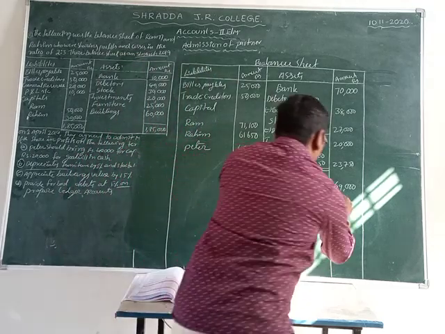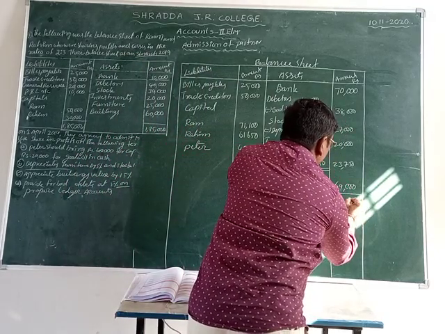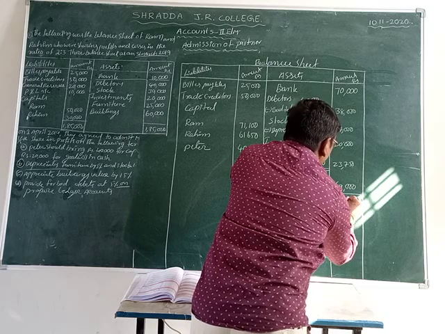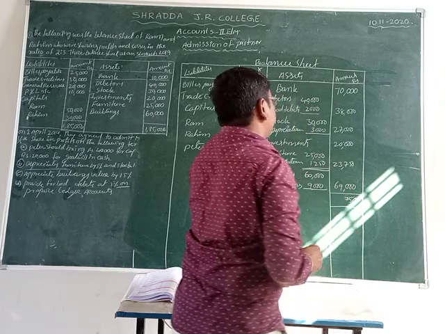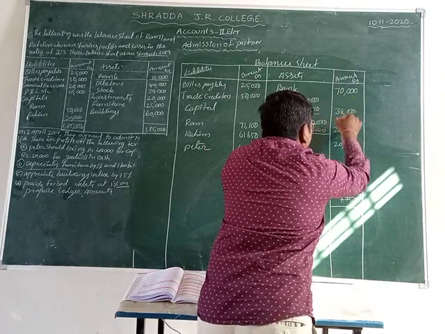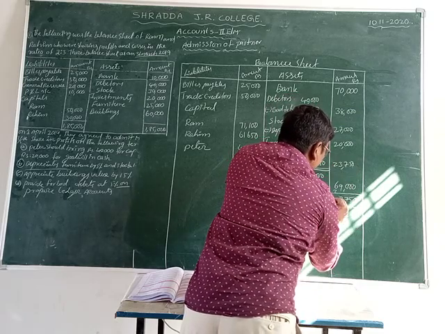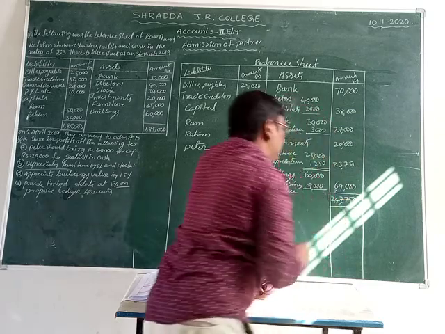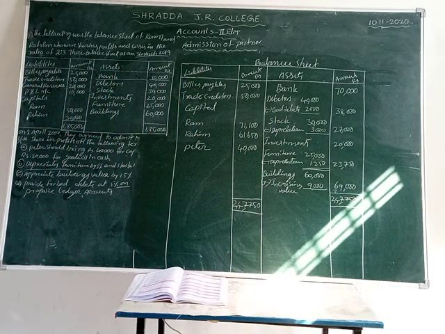Now we go to the asset side. 0, 5, 7, 9, 3, 12 plus 7, 19 plus 8, 27. Okay, 7, 3, 10, 16 plus 6, 22 plus 2, 24. 2,47,500. This is the balance sheet.